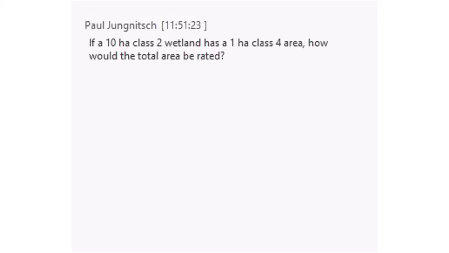Okay, the first question is, if a 10-hectare Class 2 wetland has a 1-hectare Class 4 area, how would the total area be rated? I'll take that one. Essentially, the deepest portion of the basin, it should be basically classed as a Class 4.